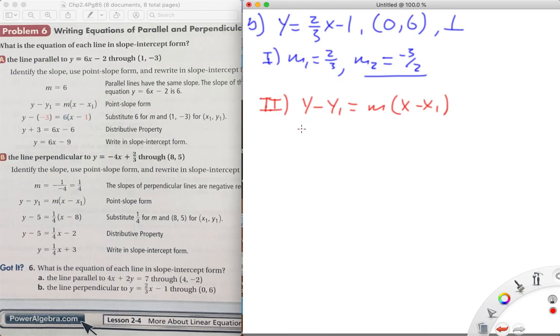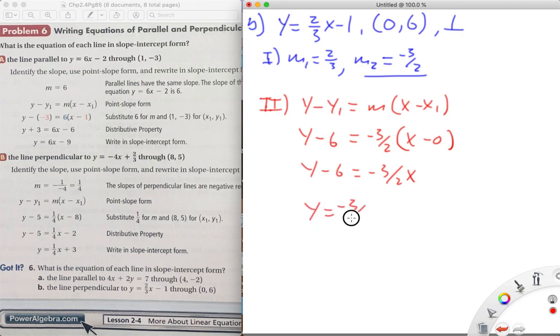So I can say y minus 6 is equal to negative 3/2 x minus 0. So then I get y minus 6 is equal to negative 3/2 x. Add 6 to both sides, and my equation is y equals negative 3/2 x plus 6. That is the equation of a line that's perpendicular to the initial equation.